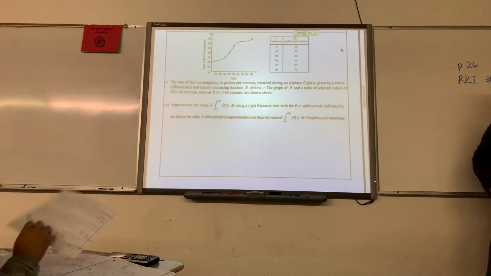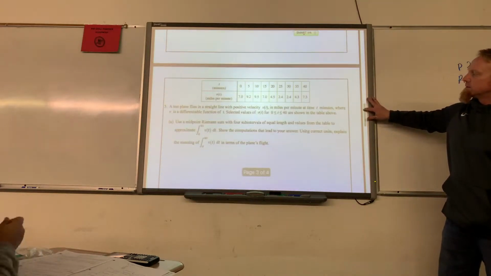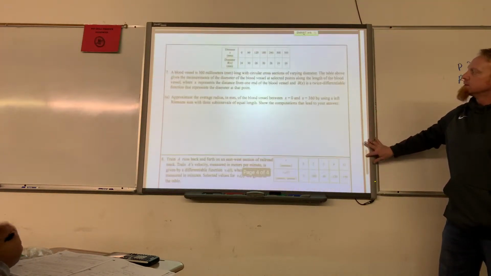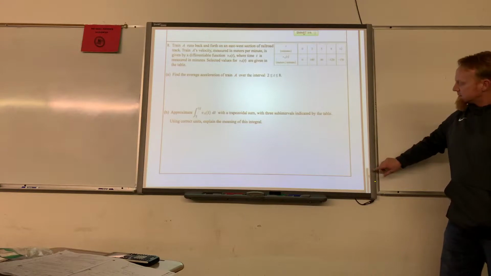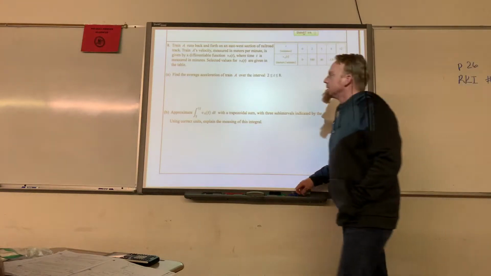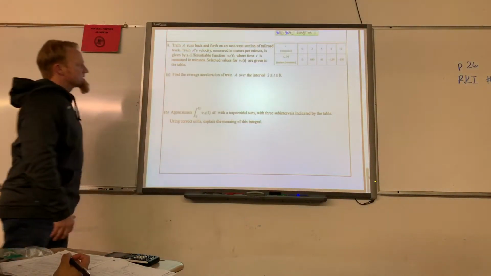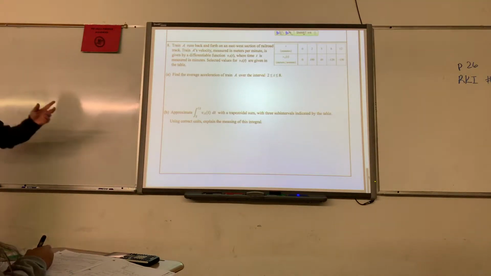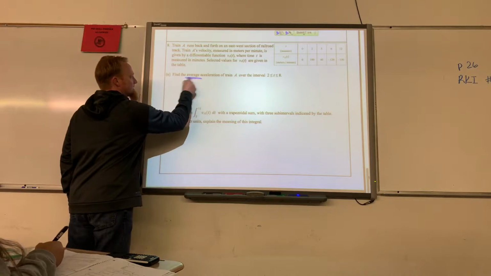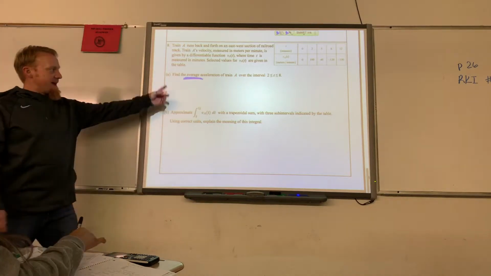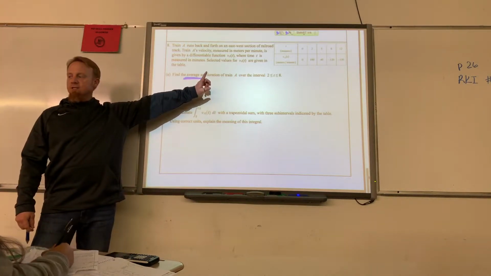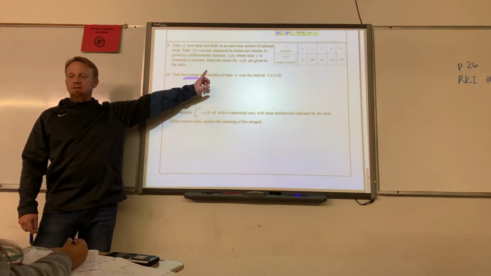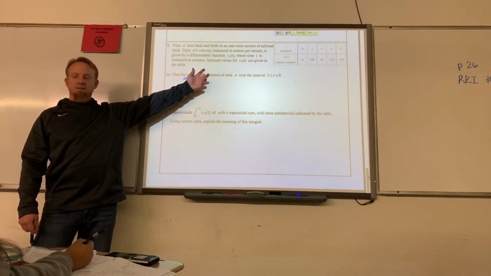Number 7. Wait, no, number 8. All right, number 8. Average acceleration of train A over the interval from 2 to 8. So again, there's that word again. I want average acceleration, so that means I need the change in the function above, which is velocity.